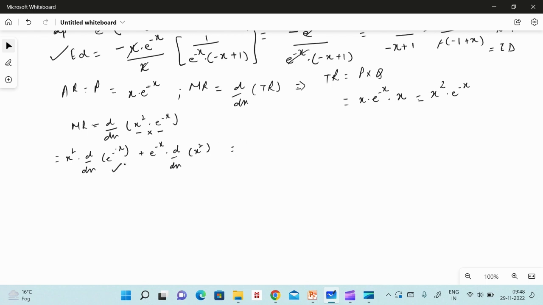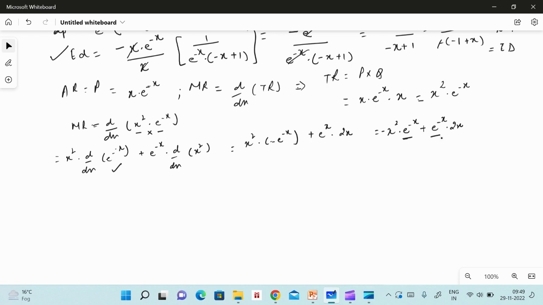So as I have already told you, the derivative of e power minus x is minus e power minus x, and the derivative of x square is equal to 2x. So this gives me minus x square into e power minus x plus e power minus x into 2x.